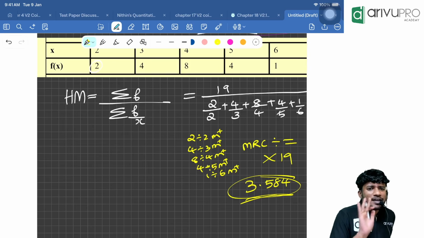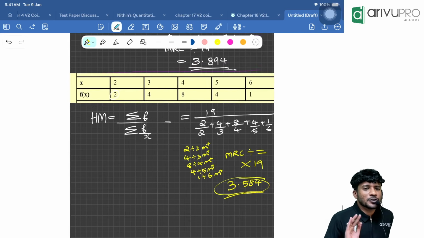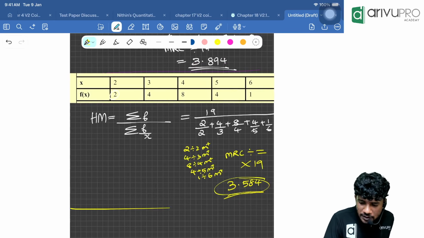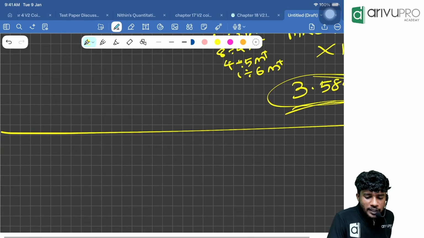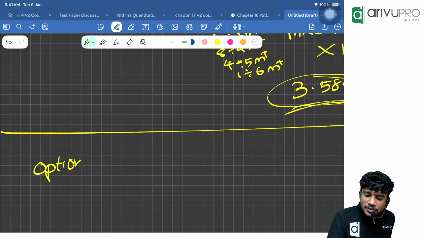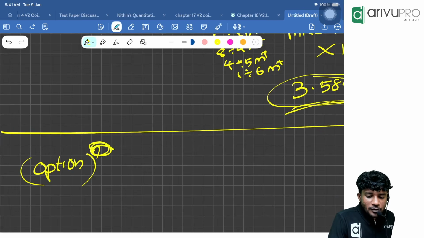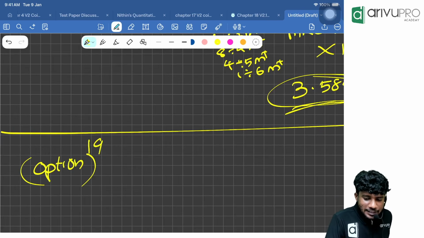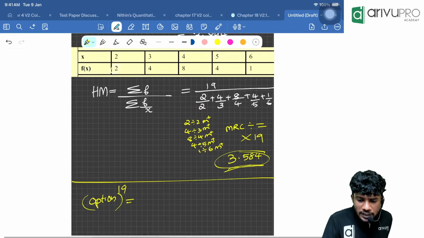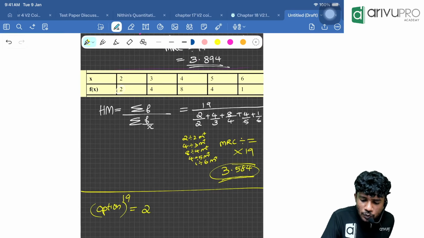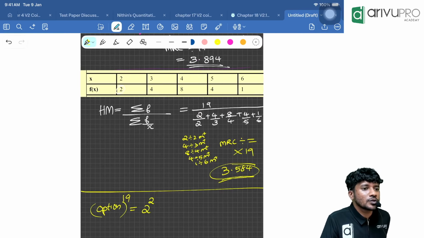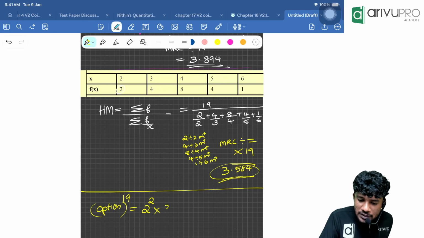Now GM I will not show you, because we will usually solve with the help of options. But technically how will you write? Option raised to n power; n is 19, equal to product of all the things. That means x is 2, frequency is 2, so 2 raised to 2, into 3 raised to 4, into 4 raised to 8, into 5 raised to 4, into 6 raised to 1.